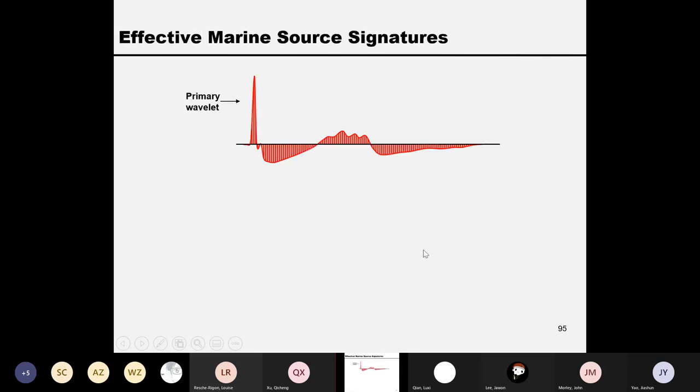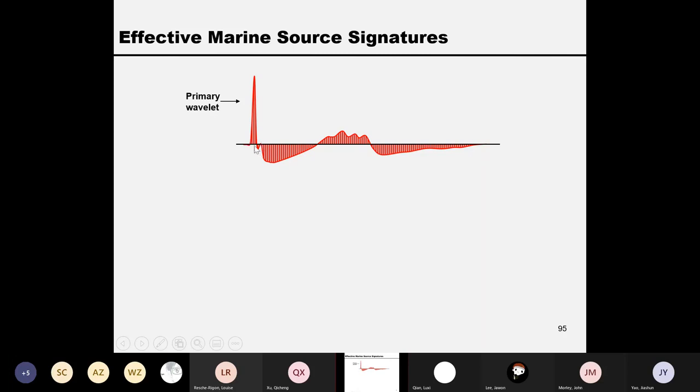Right, that was what we were talking about, the ghost. Now we can see how people can effectively reduce the ghost by designing. This is the ghost, and this is one primary wavelet.